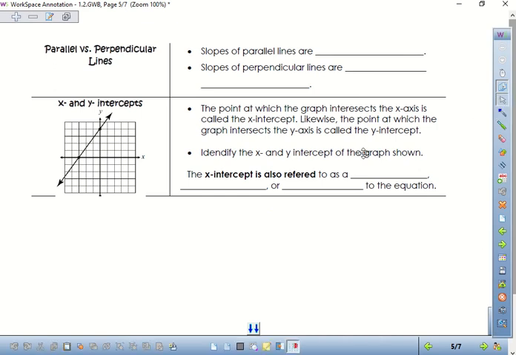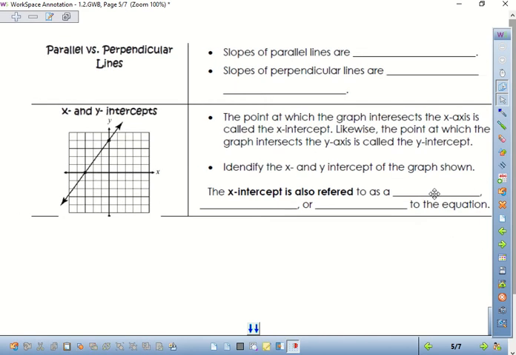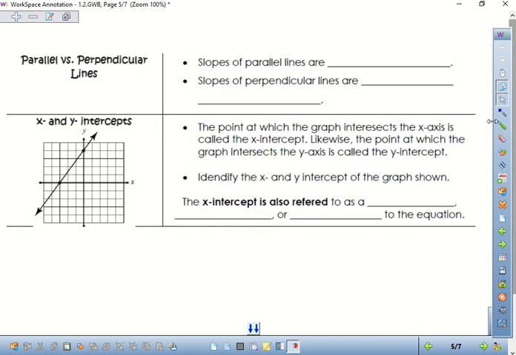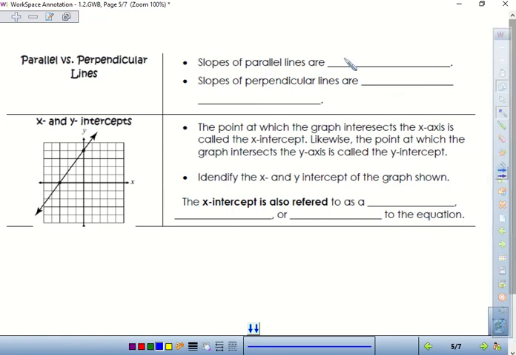So let's talk about parallel and perpendicular lines. The slopes of parallel lines are always the same, or equal. And the slopes of perpendicular lines are opposite reciprocals or negative reciprocals.